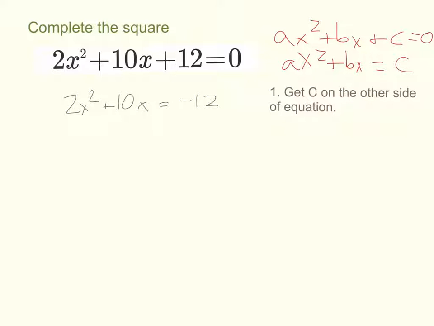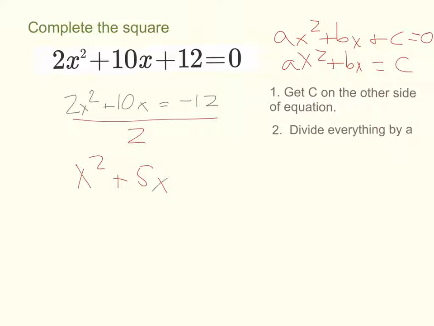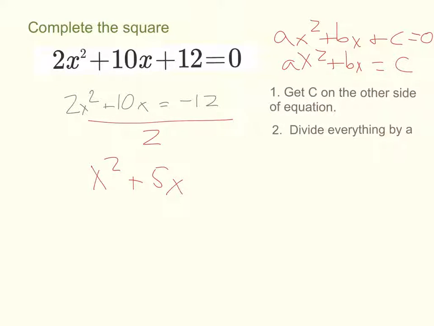So step number 2 is we're going to divide everything by a. In my case, I'm just going to divide everything by 2, which is my a, and I'm left with x squared plus 5x equals negative 6.